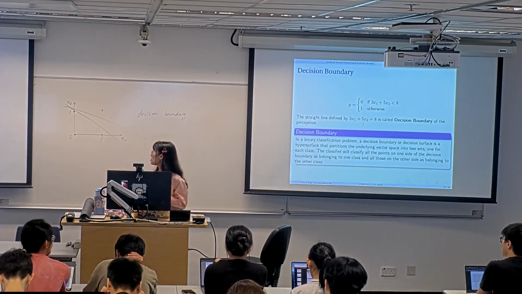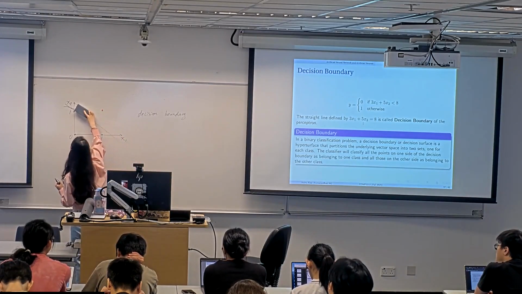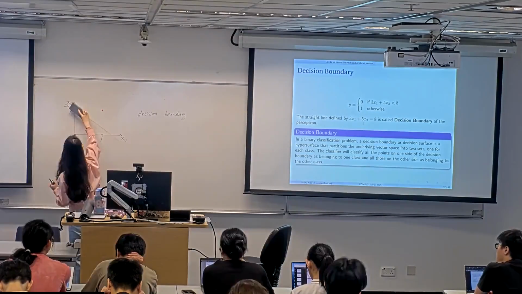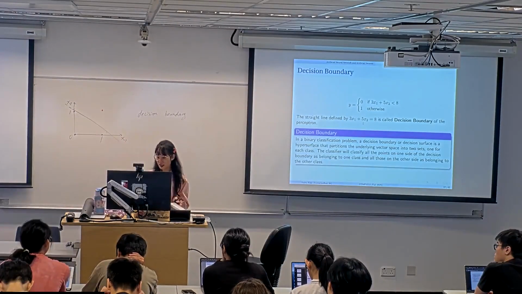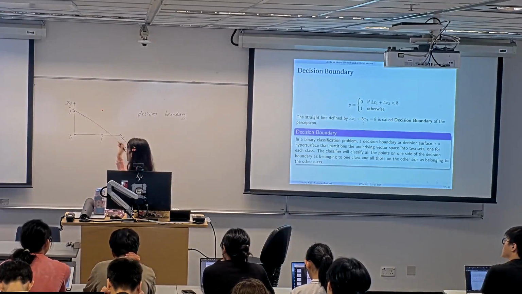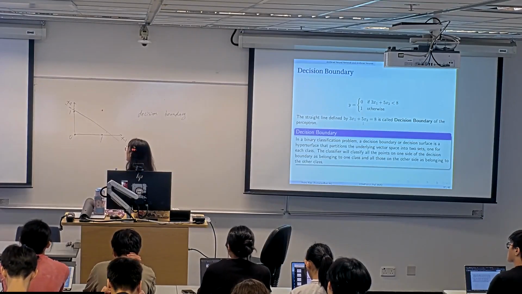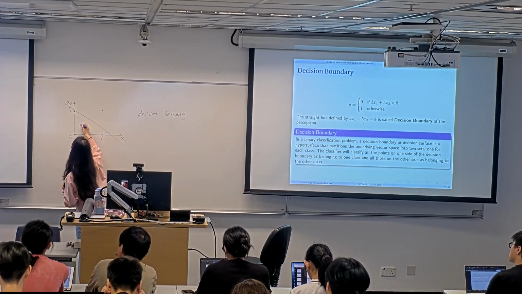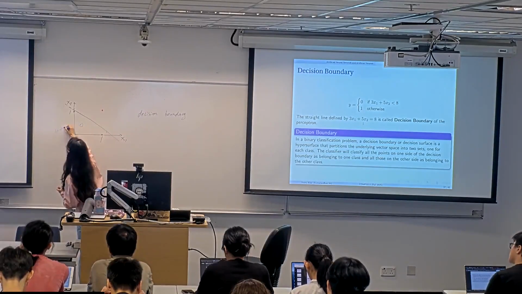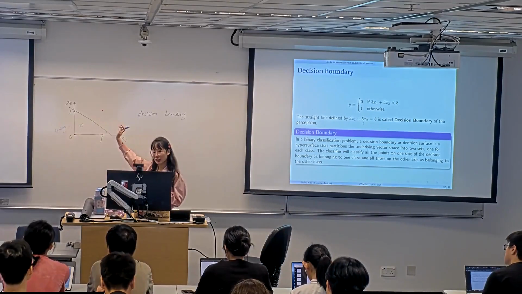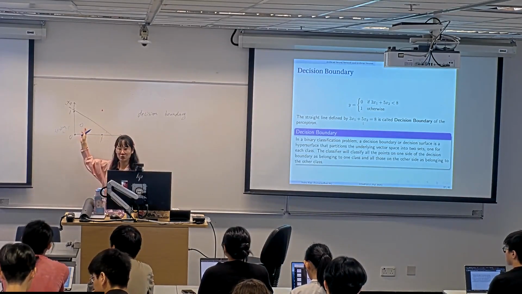So let's say, suppose we learn the decision boundary like this. So after training, we get a decision boundary like this. And that means later on, if you get some testing data here, so this is some testing data, then according to the decision boundary you have learned, you should classify this testing data into class label 0, right?